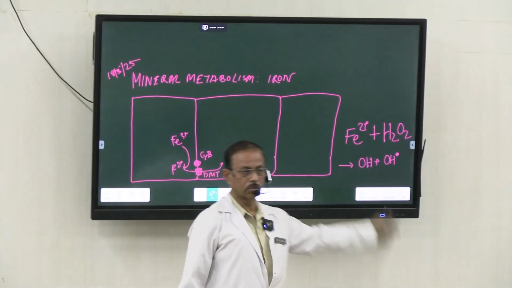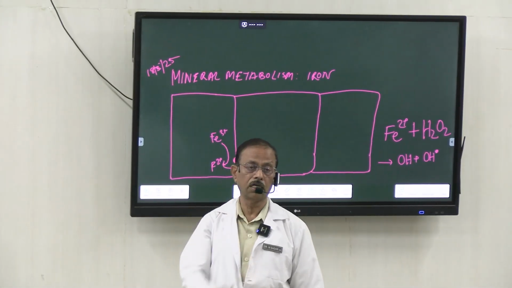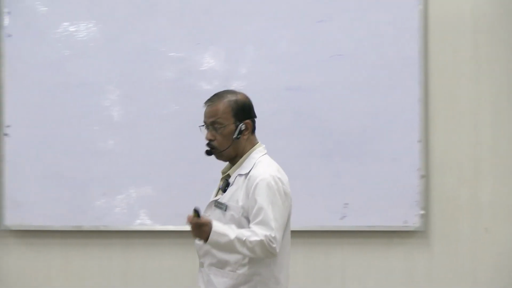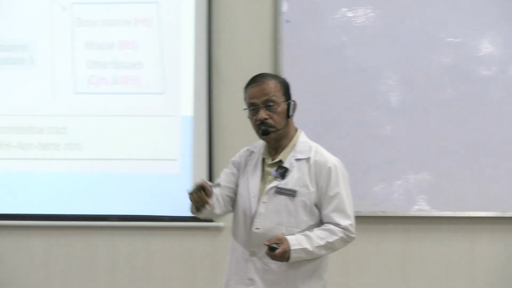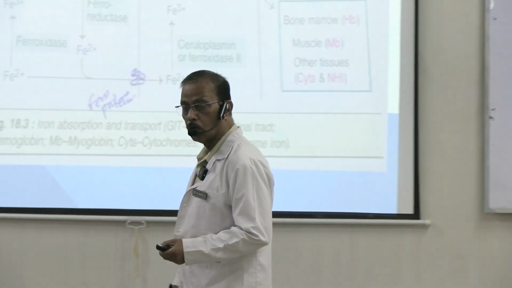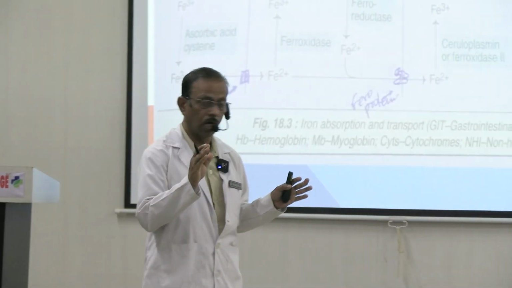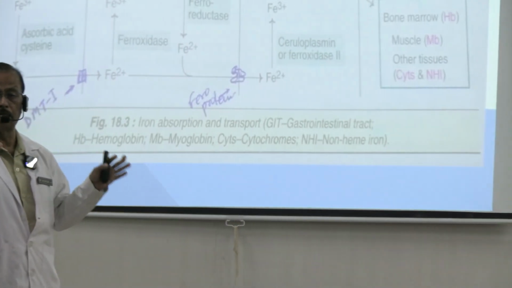This hydroxyl radical is a very potent oxidizing agent. It oxidizes the DNA component of the cell. So, in no way is this ferrous ion wanted inside the cell.